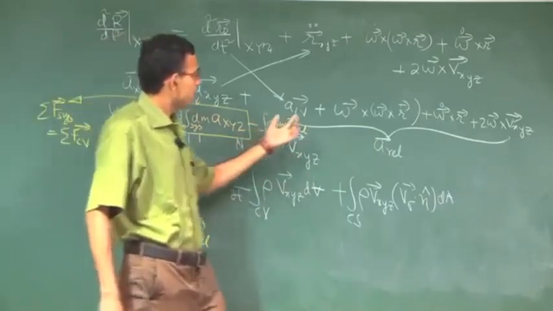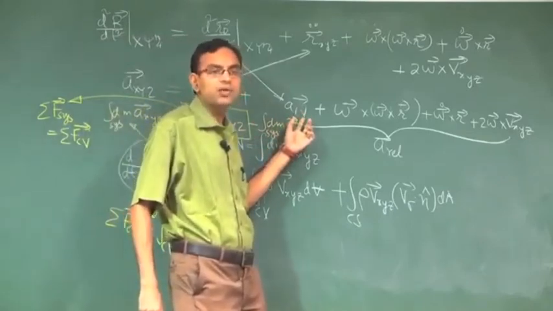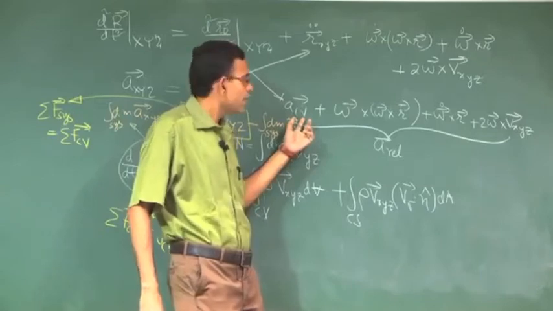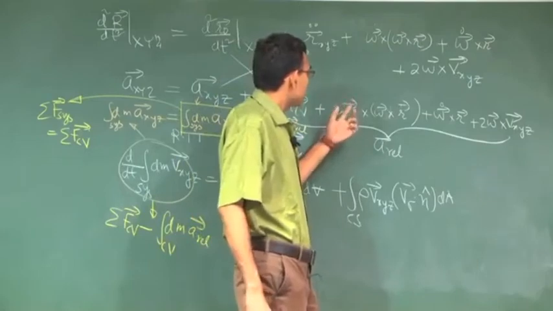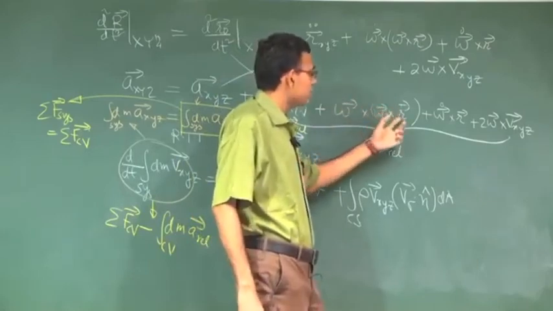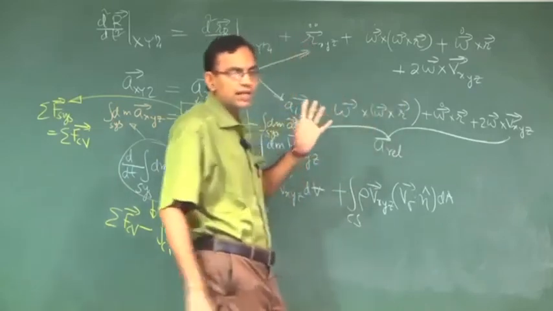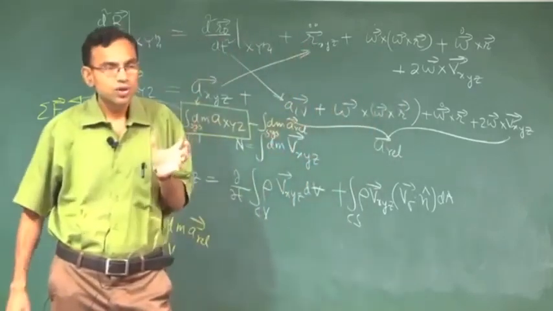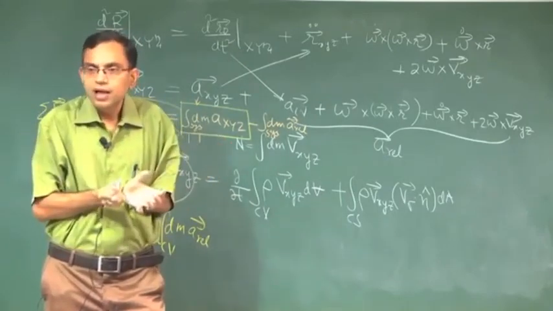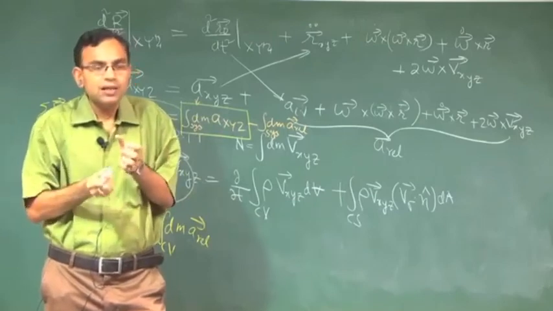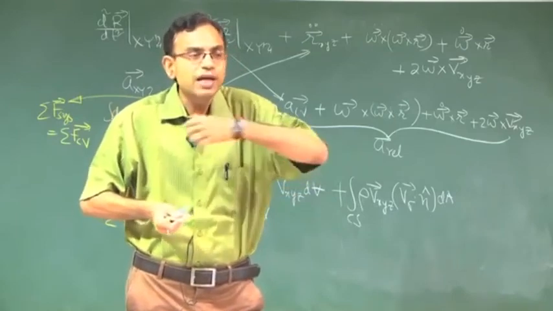One is the linear acceleration of the control volume, so minus mass into acceleration, then minus omega cross r integrated over the mass. So this is called centrifugal force. So if you are located on a rotating reference frame, then you will feel that there is a force which is trying to move you radially outwards.